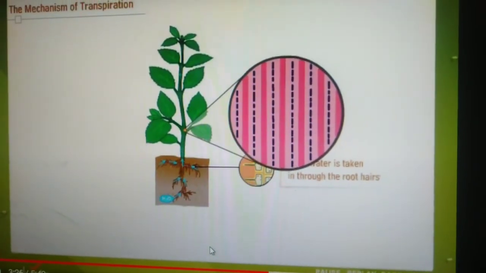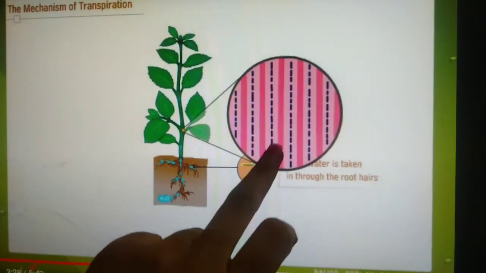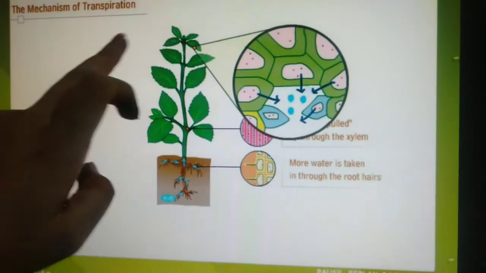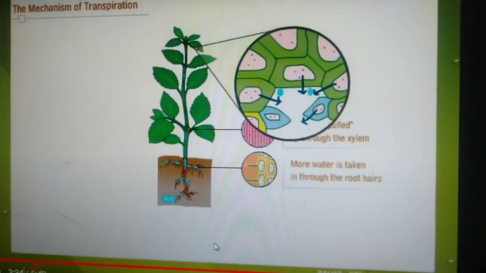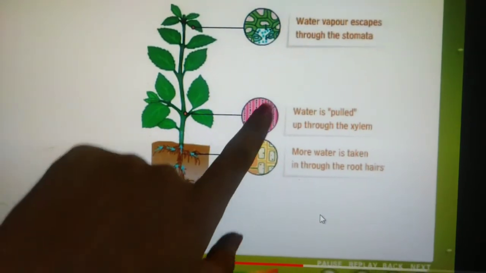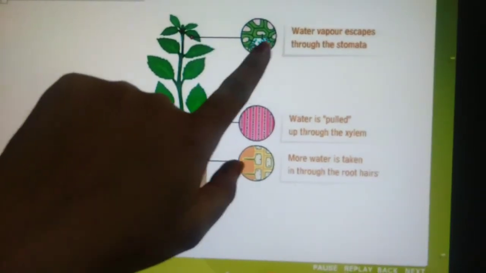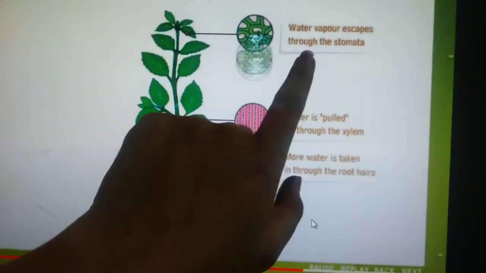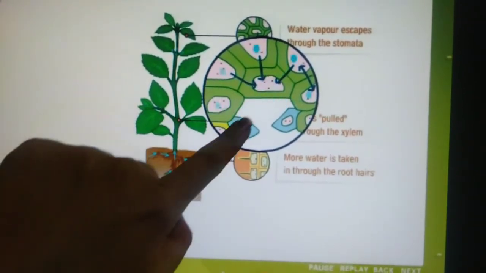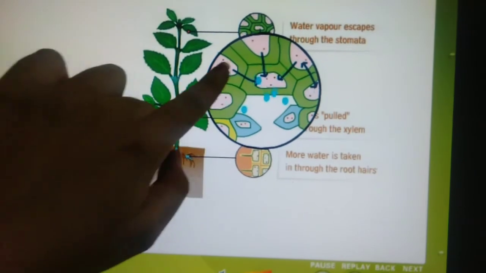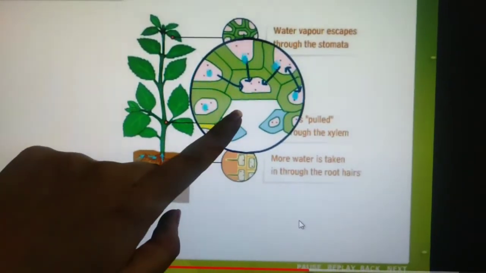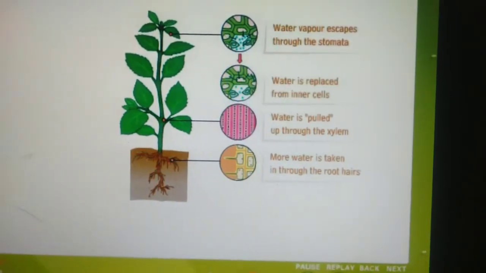When the xylem vessels get water, it is given to the leaves. Through root hairs it goes to the xylem, and through the xylem it goes to the leaves. Now water vapor escapes through the stomata. The leaves have got a sufficient amount of water, and now they give out the water in the form of water vapor.